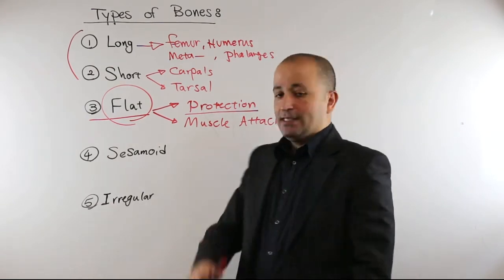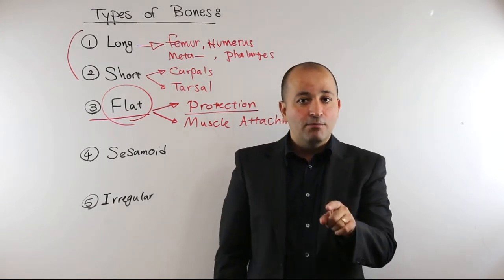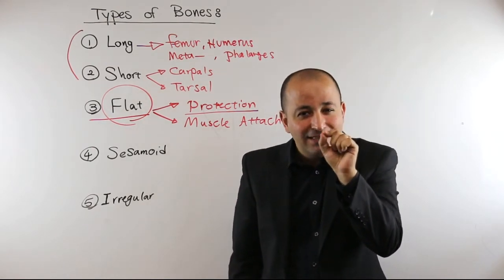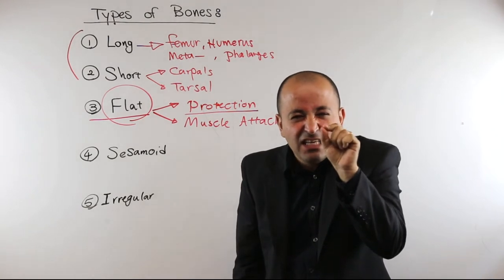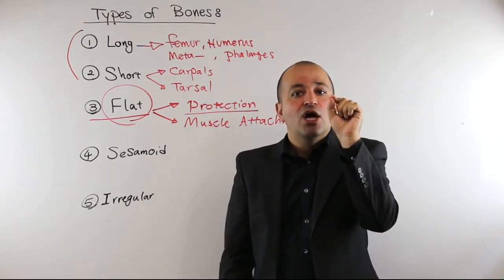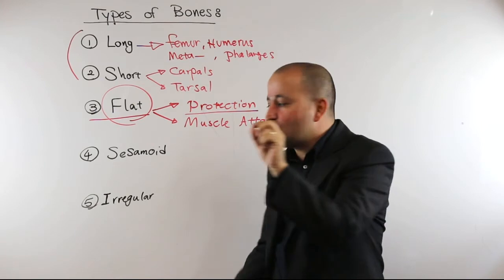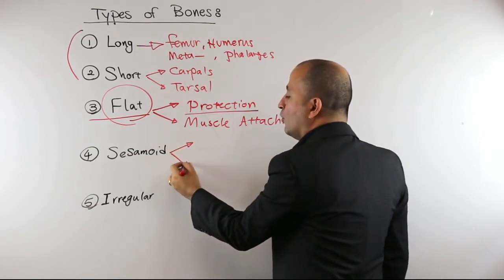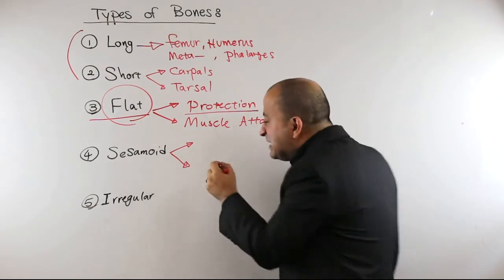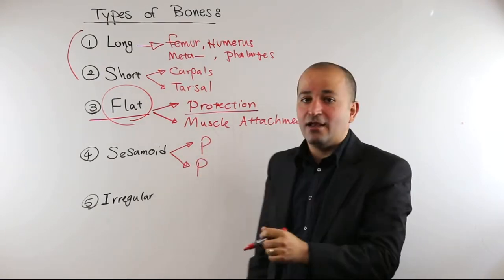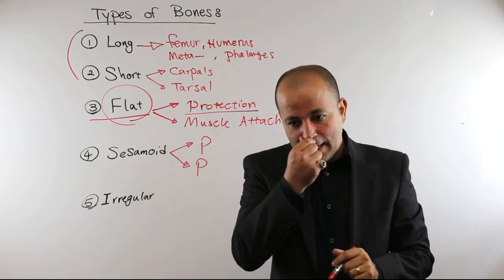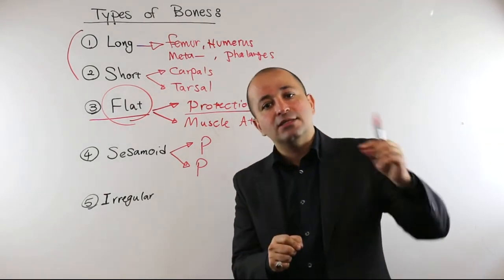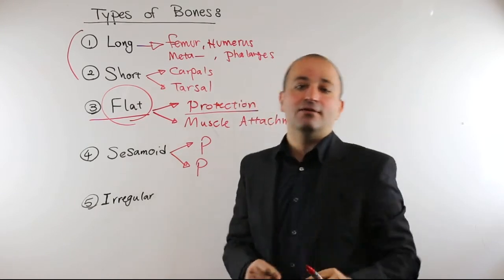Beautiful. Sesamoid bone. Sesamoid, or sesame seeds, are very little, tiny rounds. There are two major examples of this type of bone. Both of them start with P. Remember, sesamoid bone, sesame seed, 2 P's. Sesamoid bones generally are bones that are inside the tendon of a muscle.